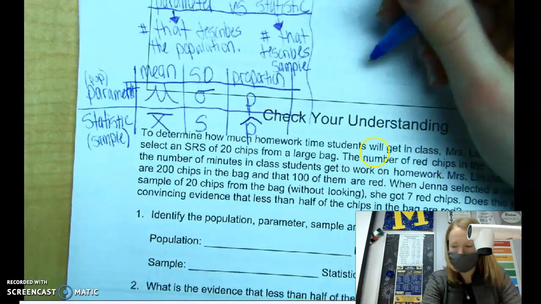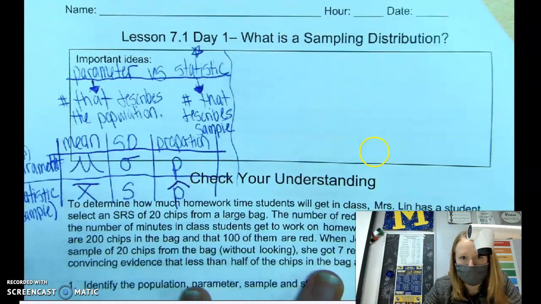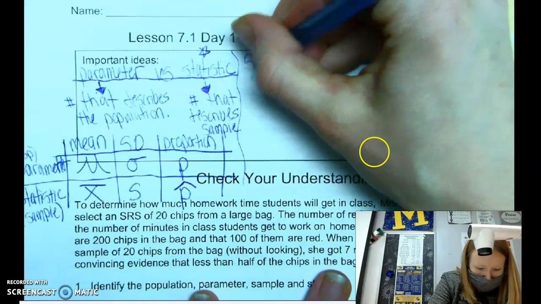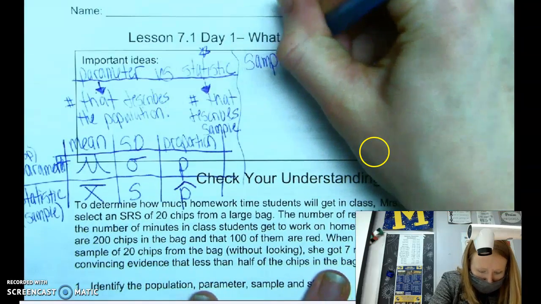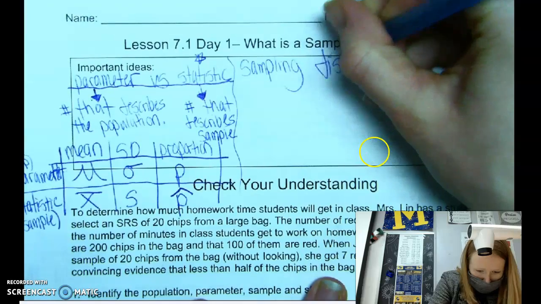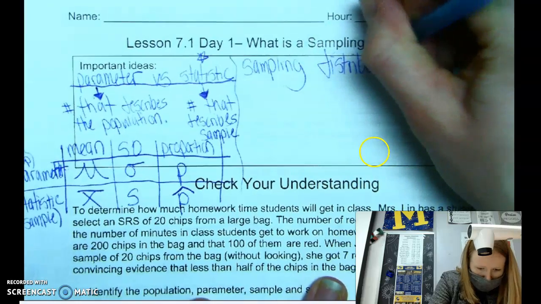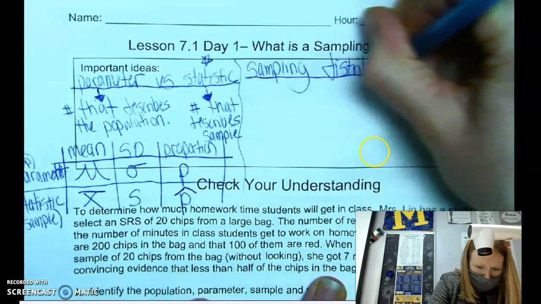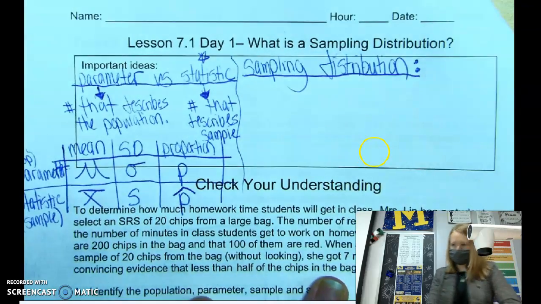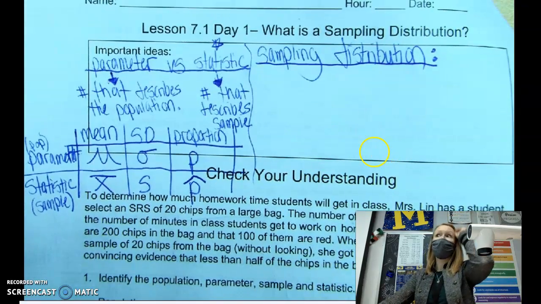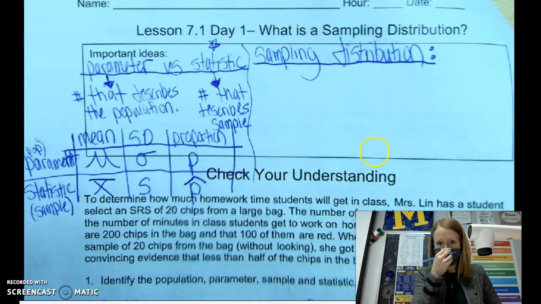Okay, big other concept is this idea of a sampling distribution. Sampling distributions are something that we're going to use quite often for the rest of the year.